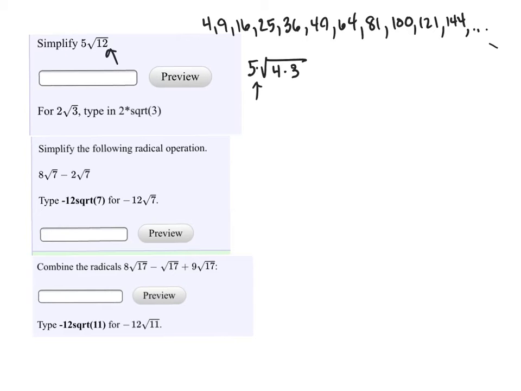There's multiply right there. So when I take the square root of 4 out front, it goes out as a 2. That 2 has to be multiplied by what's there, because there's times between the 5 and the square root. So the square root of 4 is 2. 2 times 5 is 10. So 10 root 3, or 10 radical 3, is your answer.